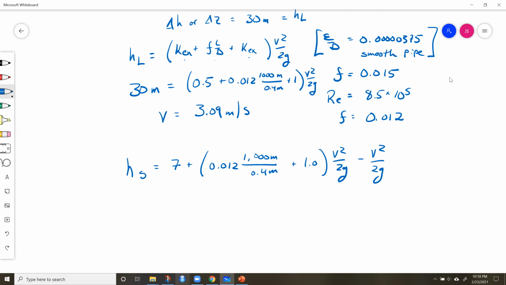So if we plug in our 3.09 meters per second here and plug in gravity here, then we end up with our HS is equal to 21.6 meters.